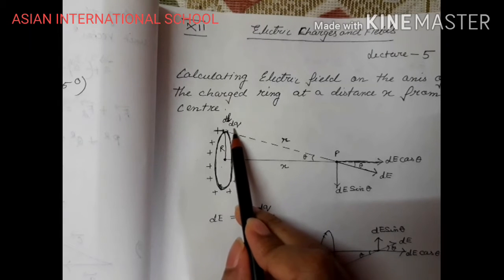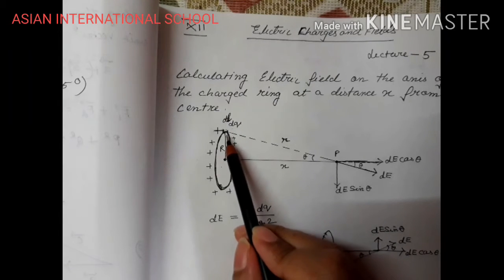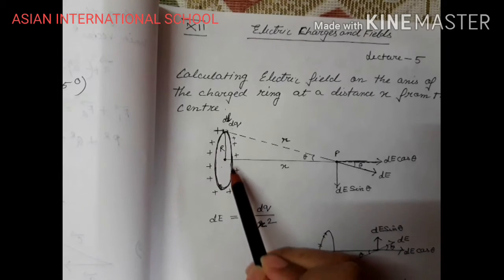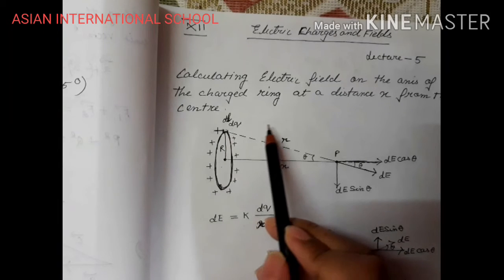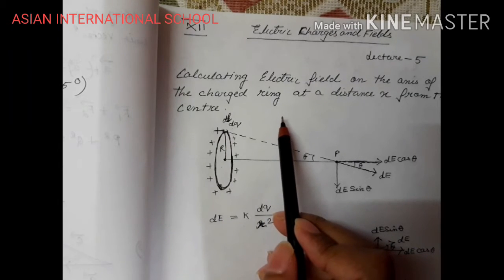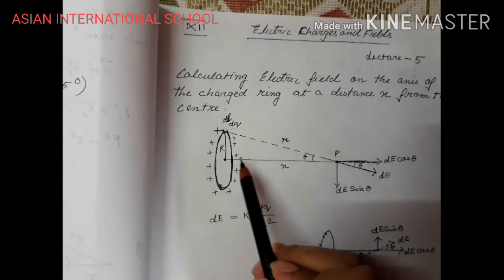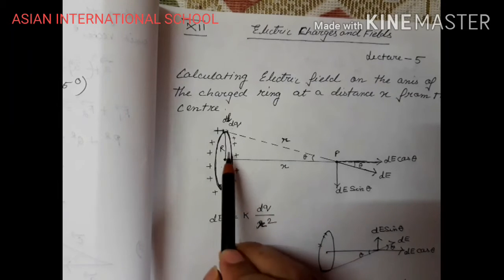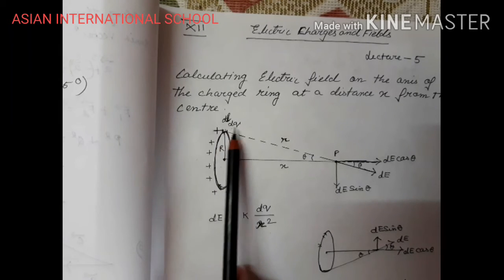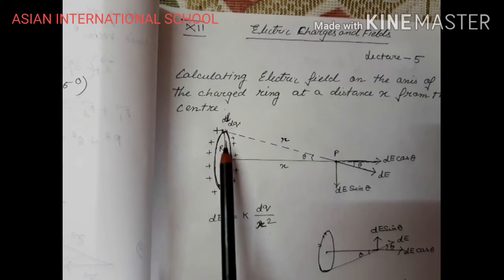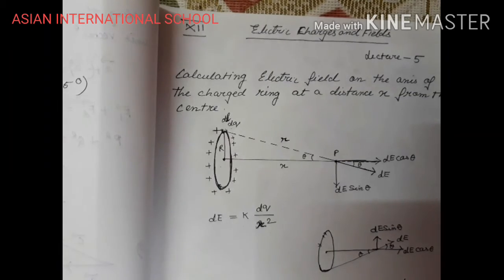If we integrate dq, we get the total charge, capital Q. We are not going into the complex lambda dl; if the linear charge density lambda is given in the problem, then you need to use it. So we find the electric field for this small elementary portion having charge dq, and then integrate to get it for the whole ring.